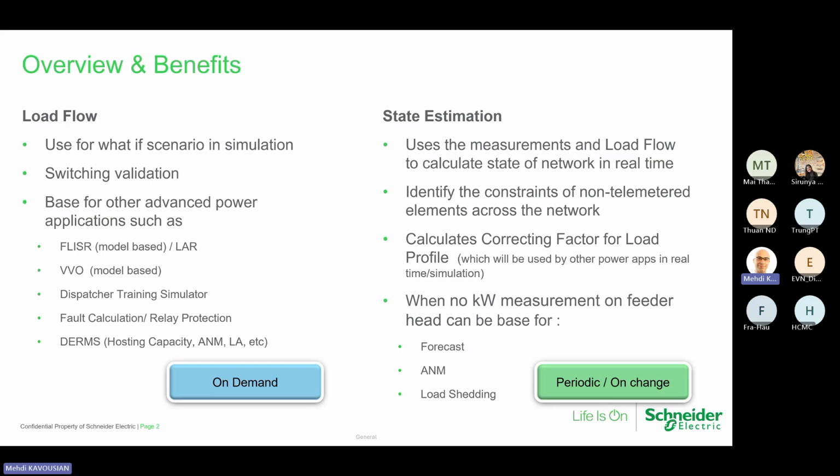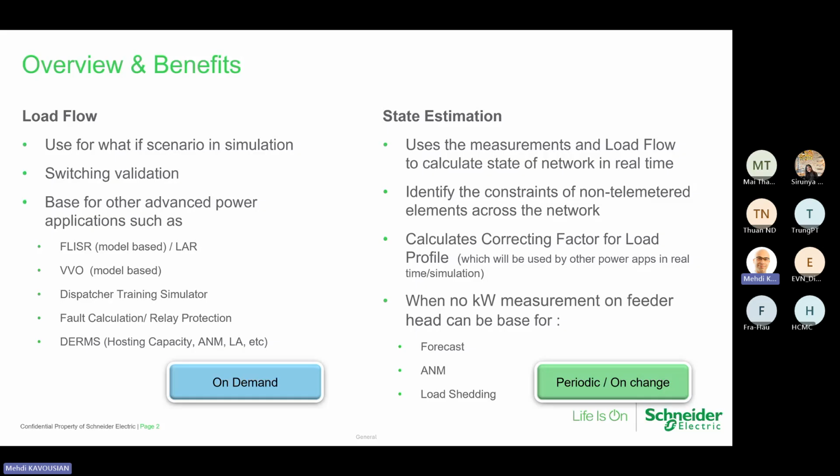When we do switching validation, for example when we try to open or close a switch, again, in the background it runs a load flow to see what would happen when we close or open that switch. And it gives us some warning, for example if there is an overload. I think it's not in your scope, but it's general.